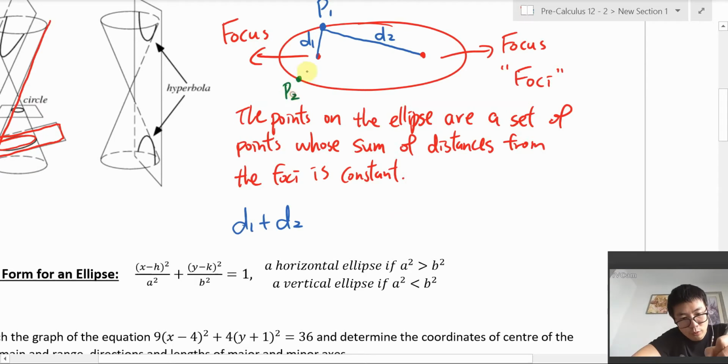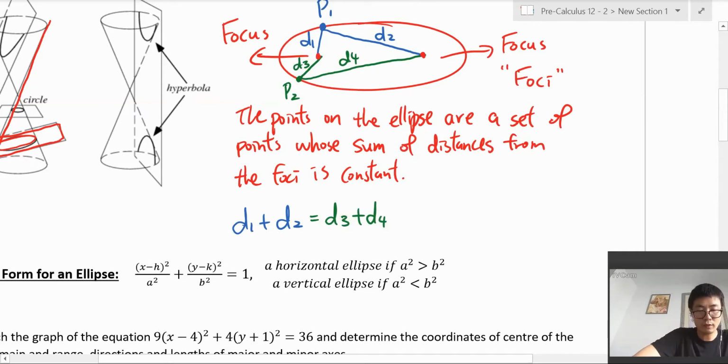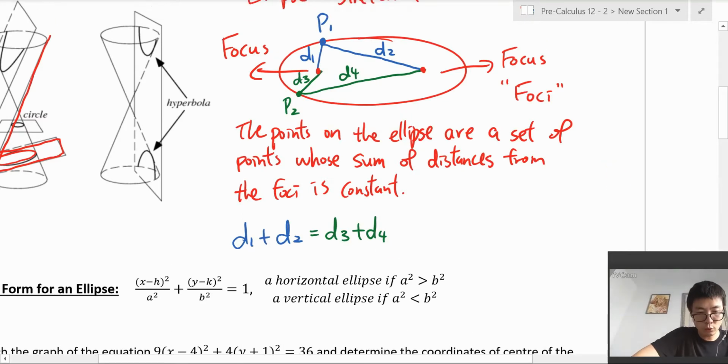There's my P2, and there is my D3, and then there is my D4. So the sum of D1 and D2 would be the same as D3 plus D4, because they are both points on the ellipse. So the sum of distances from those two points respectively to the foci should be the same.